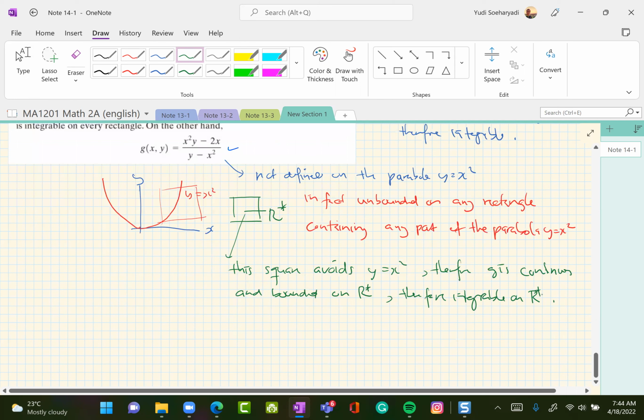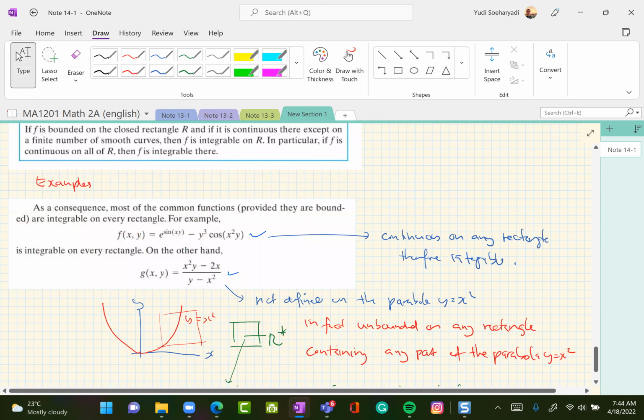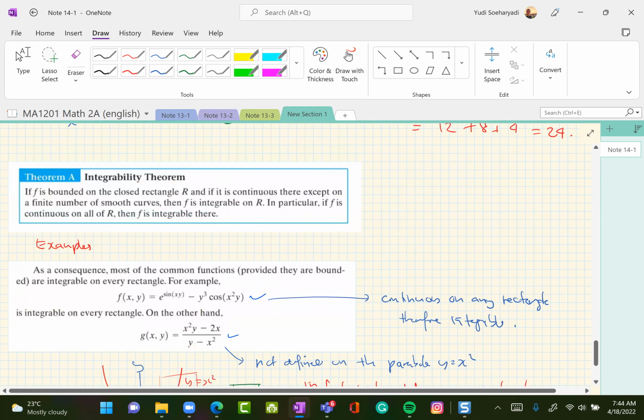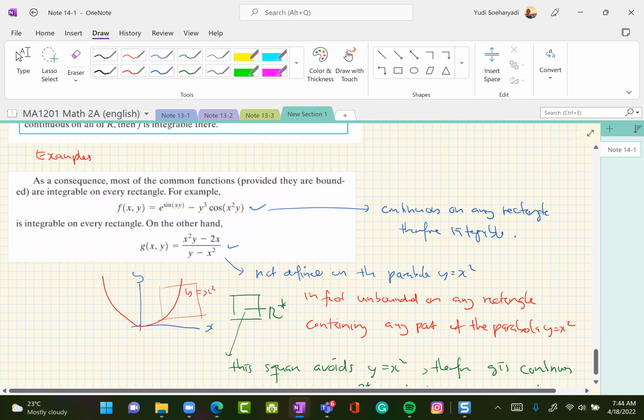So as long as we avoid the bad things, that's what we mean by integrability.